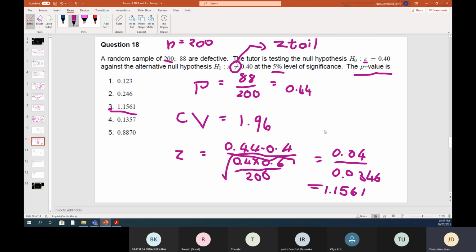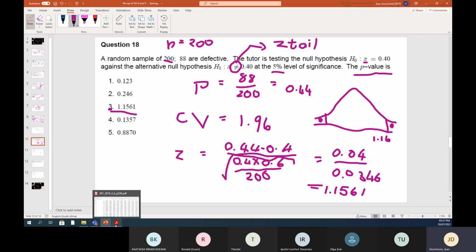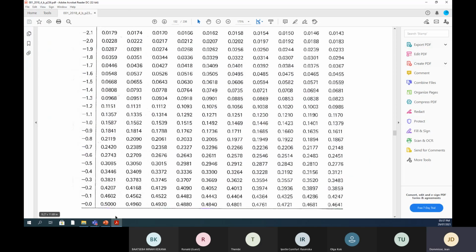So I need to say, what is my p-value? So I need to look at where it is 1.1, will it now be 1.5 or 1.6? So that would be 1.6. So let's just get z equal to 1.16.